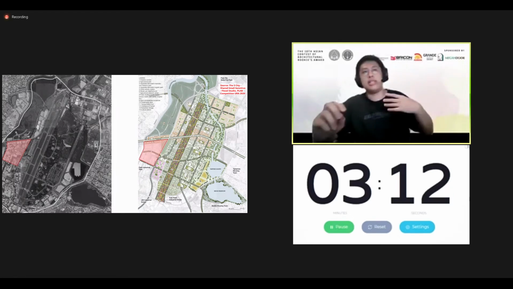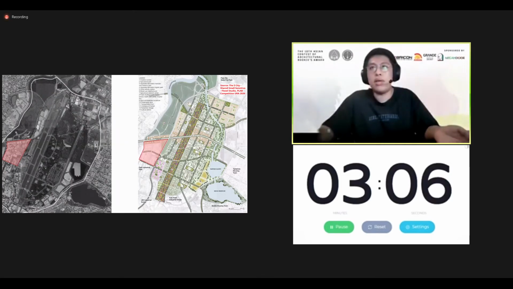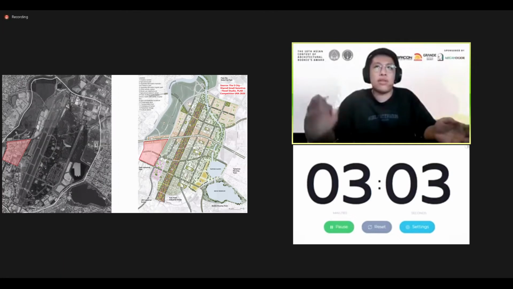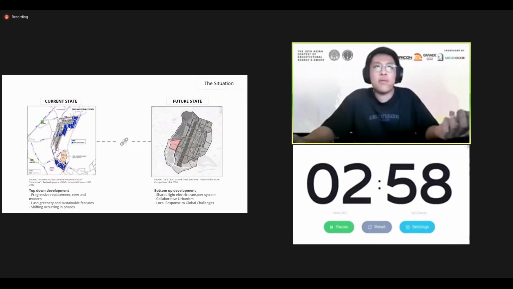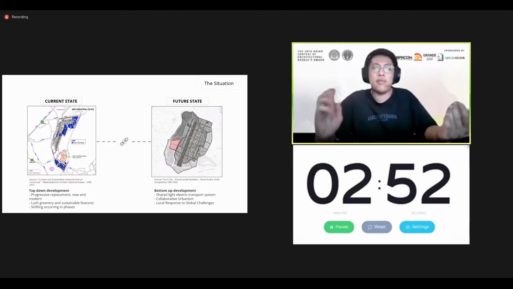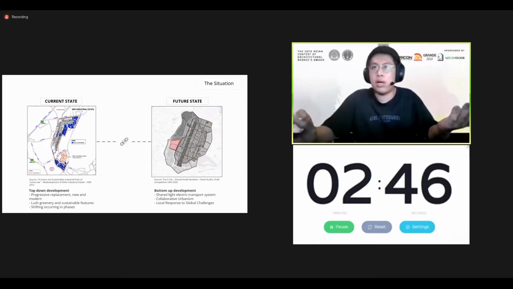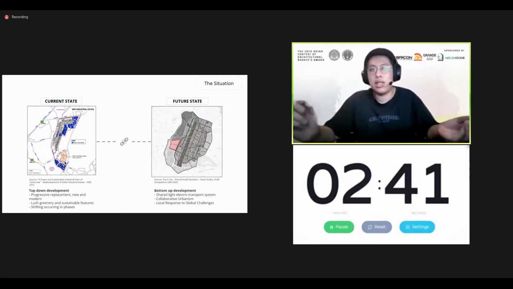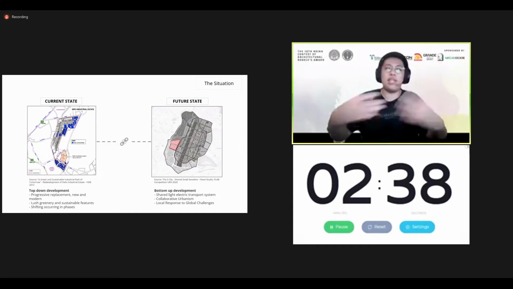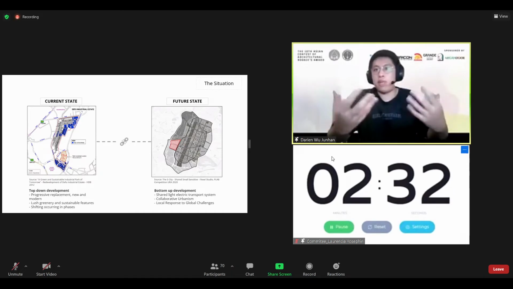What we did as a studio, similar to Ryan, was to analyze this industrial estate against the competition proposals for this Paya Lebar airbase. On the left is the existing condition, and on the right is the studied master plan for this airbase. You can see the contrast between these master plans: currently the industrial estate is being removed and replaced with new things, while the future master plan that won the competition suggested that we should not replace it entirely, but let these estates develop from a very bottom-up approach.